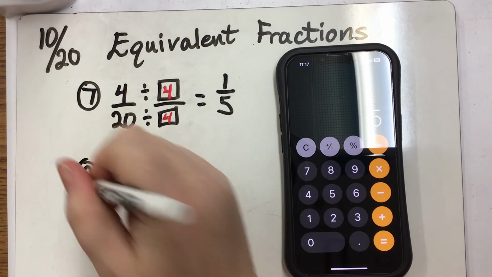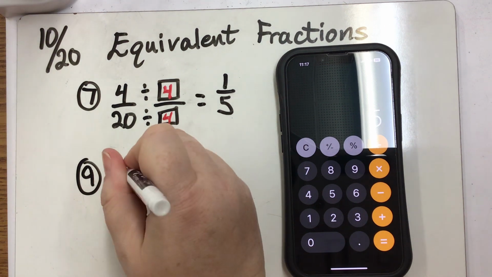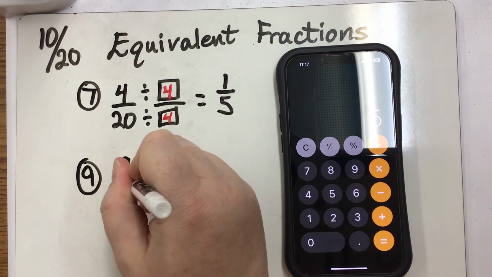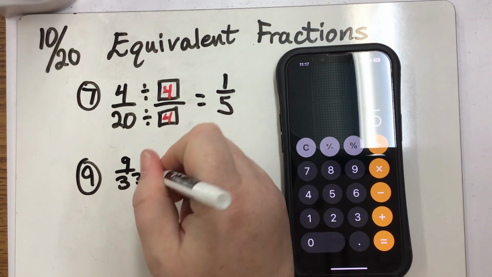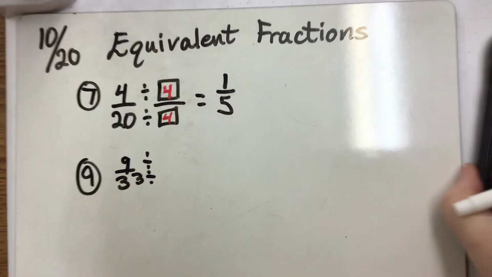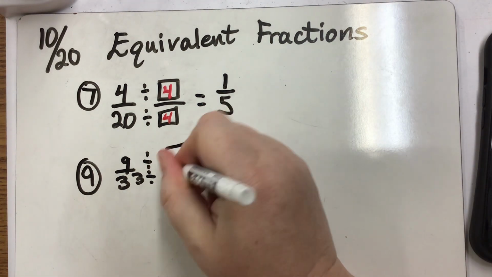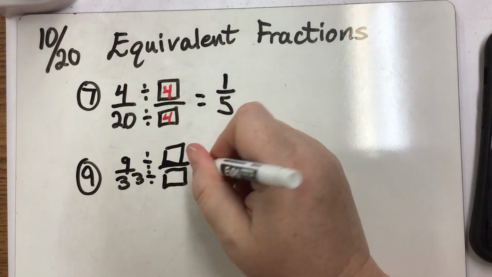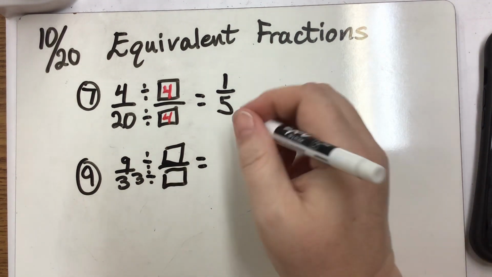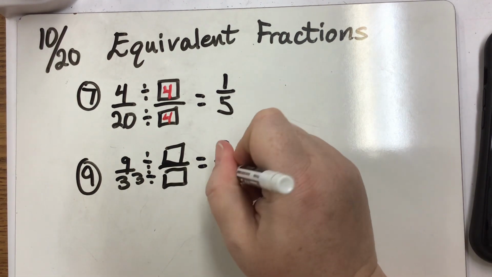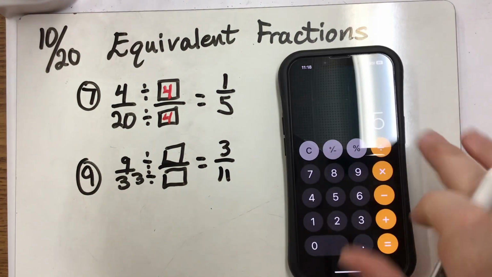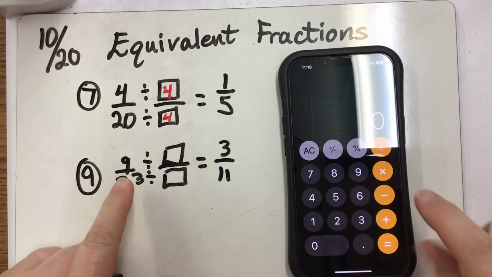Number 9. We have 9 over 33 divided by something over something equals 3/11. Okay, so let's divide.